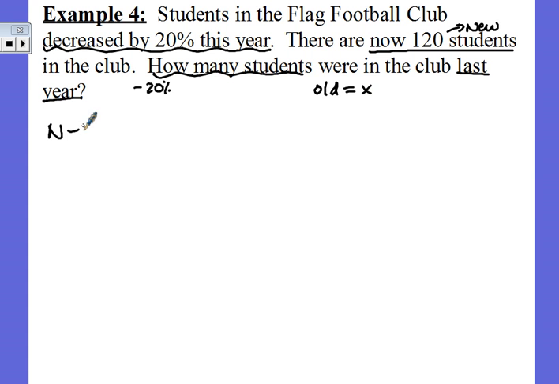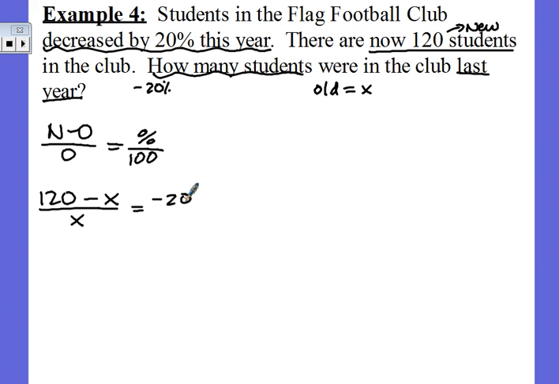So we're going to write our formula, n minus o over o, and then we're setting that equal to a percent ratio. I know my new, which was 120 students. I don't know my old, so I have minus x over x because they're both representing old. And then that equals negative 20 because it was a decrease over 100. And then we're going to go ahead and solve that proportion.